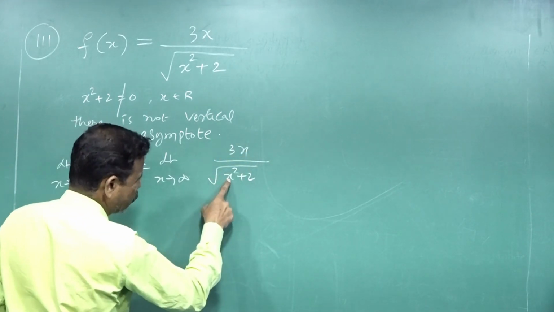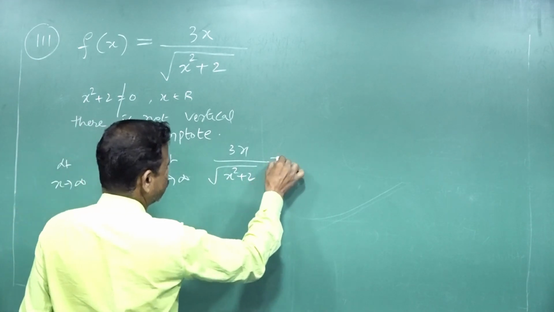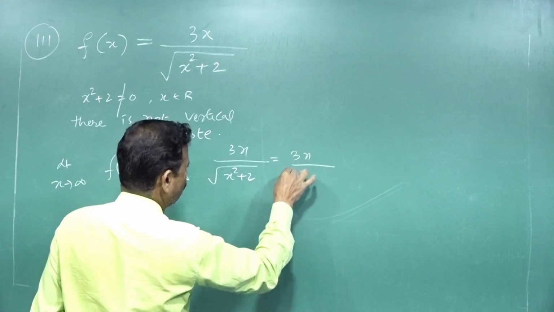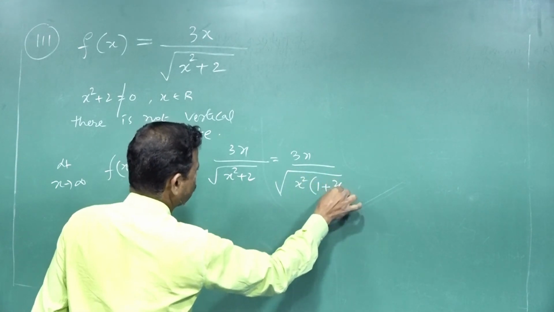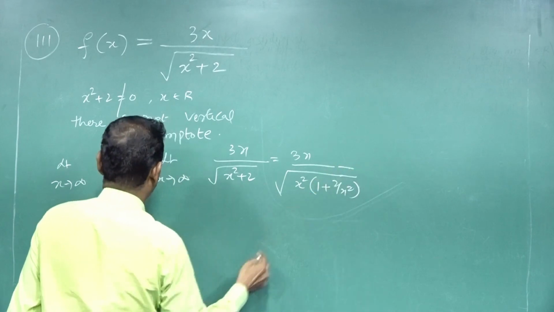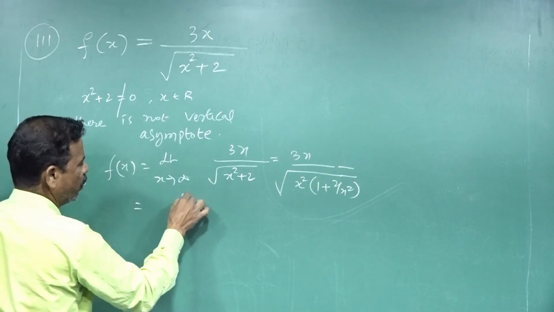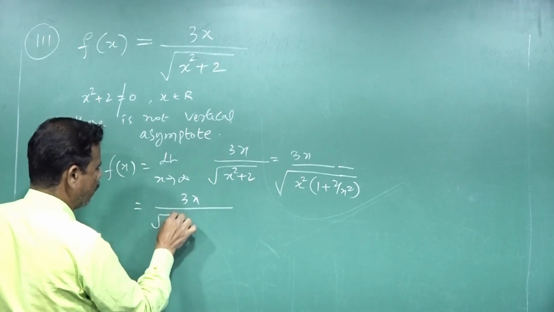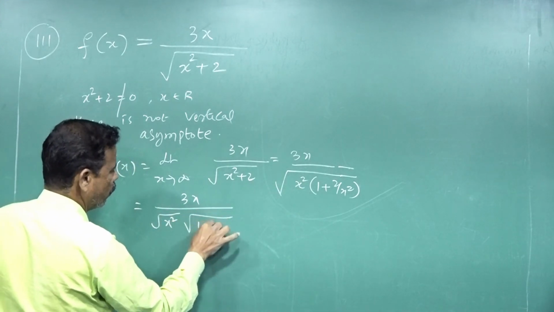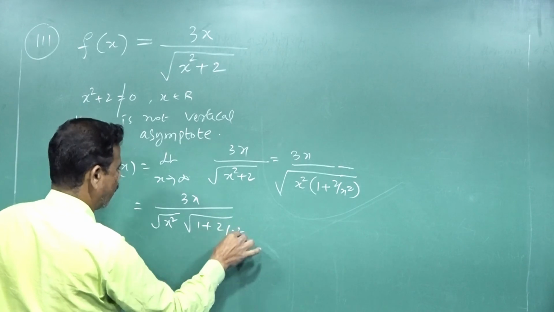Otherwise you take x square common outside: 3x by under root of x square times 1 plus 2 by x square. After this it is equal to 3x by root of x square, and we separate the root of x square and the root of 1 plus 2 by x square.